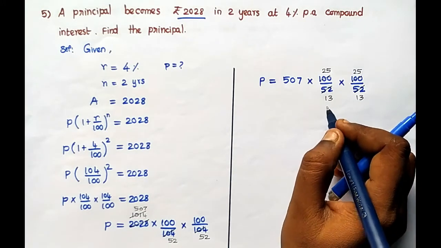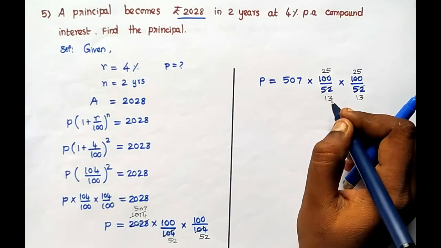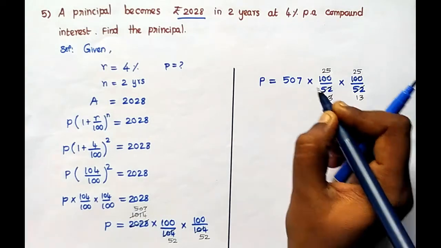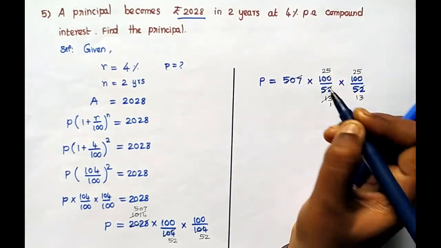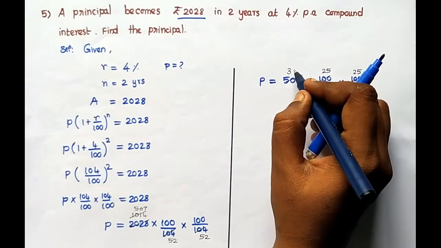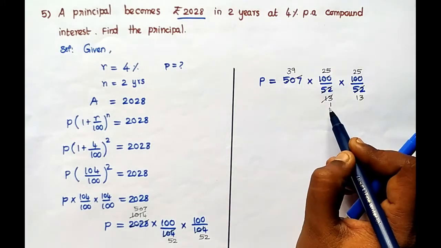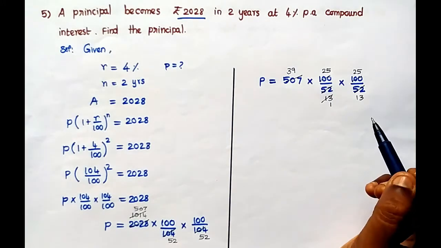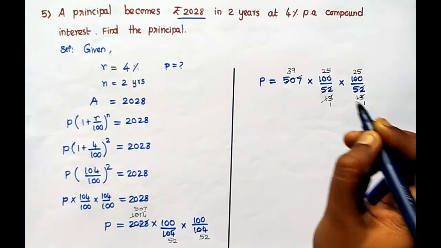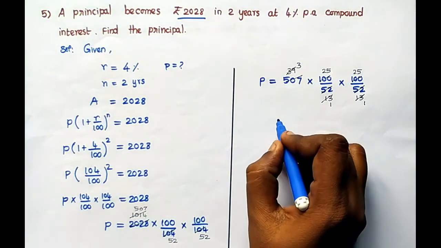Now again cancel these numbers. 13 1 is 13, here 3 times 39, and 39 13s are 507. Again cancel by 13th table. 13 1 is 13, 13 3 is 39.